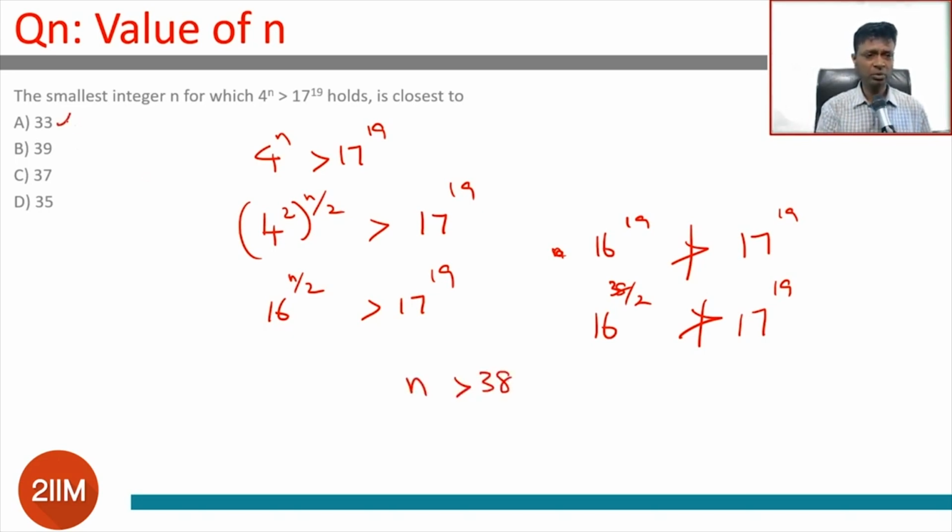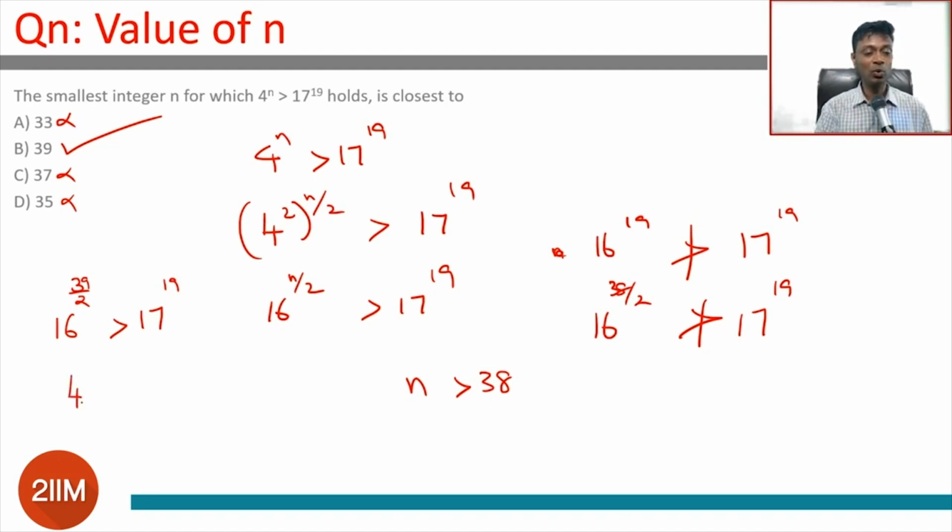So 35 doesn't work, 37 doesn't work, 38 doesn't work. Bam, we've got this. We need to now think that 16 power 39 by 2 is greater than 17 power 19. Fine. It should be, I'm not saying it is not.